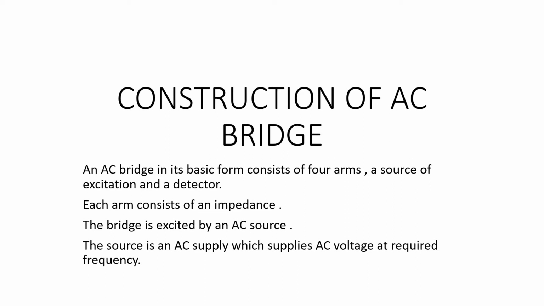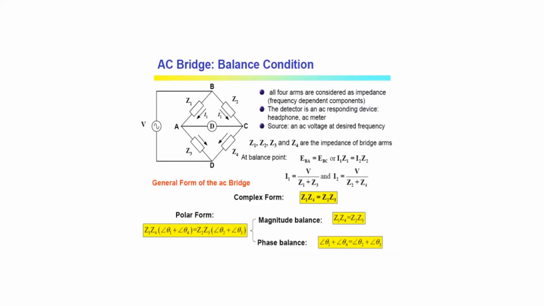Each arm consists of an impedance, either R, L or C. The bridge is excited by an AC source, which supplies AC voltage at the required frequency. And we have to see when the bridge is said to be balanced. The bridge is said to be balanced, as we have already seen, when the null indicator shows a zero deflection.